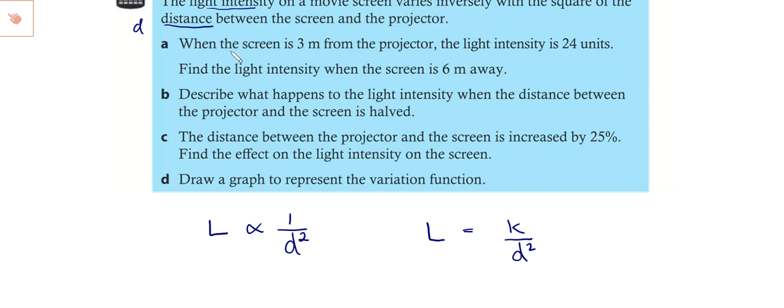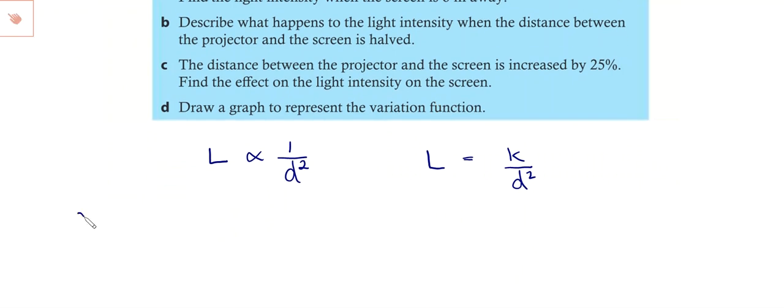Okay? So when the screen is 3 meters, the light intensity is 24. So I'm going to write that. When d equals 3, L equals 24. What can I do with that information? Substitute.